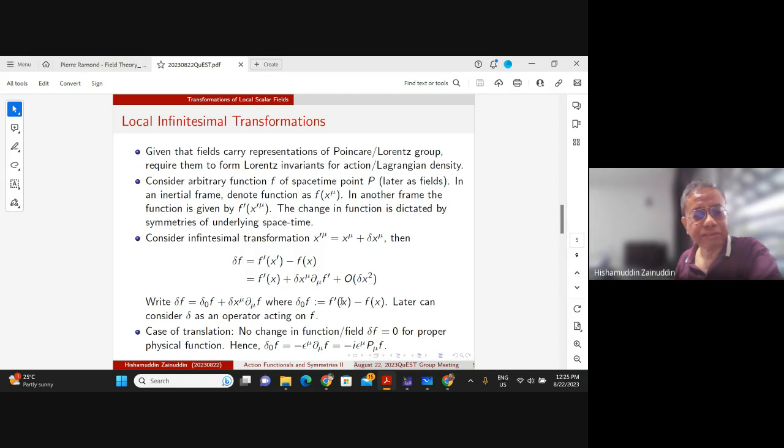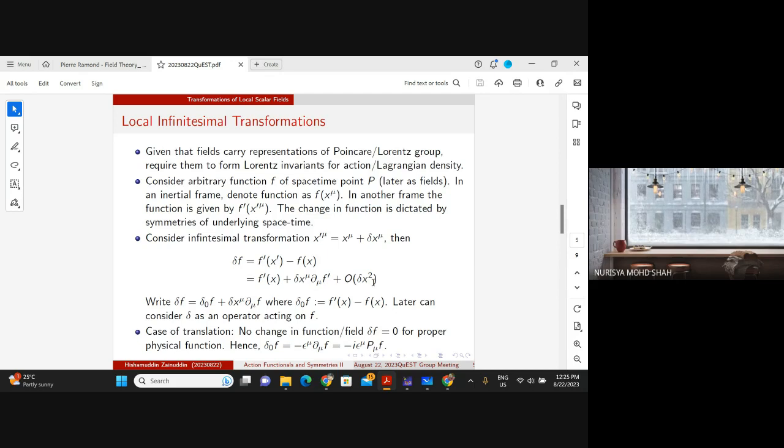Can you take that? Come again, Doctor? Okay, the point is you do not want to have a physical quantity depending on the choice of your origin, to make it a good physical function. So this is the proper physical function?